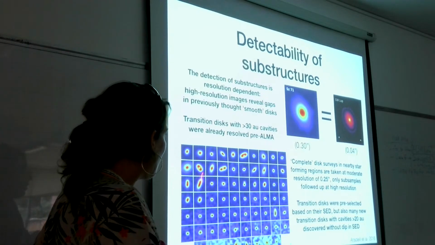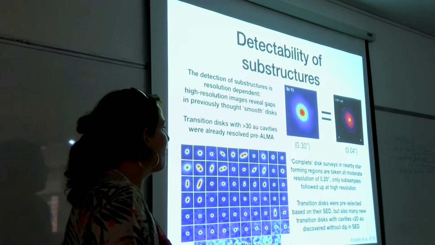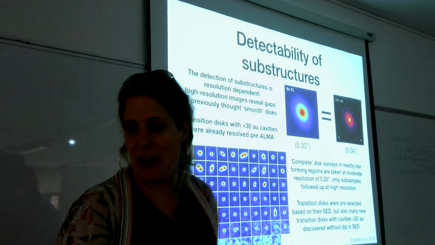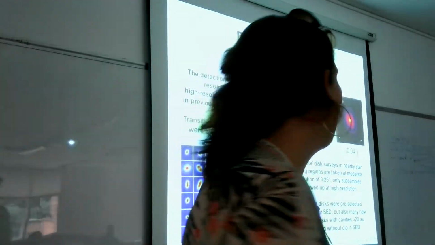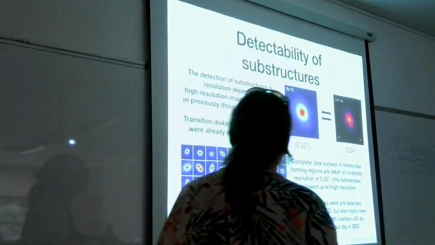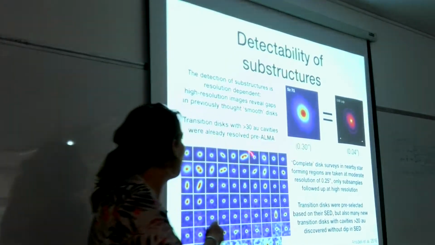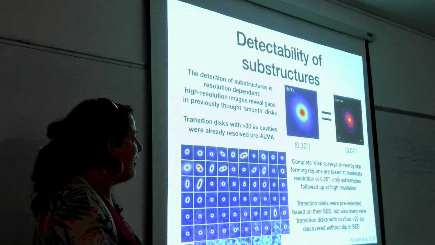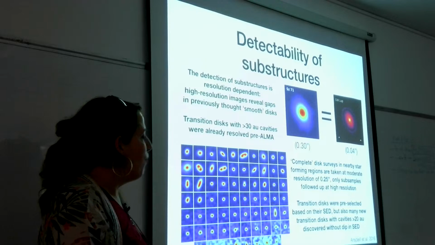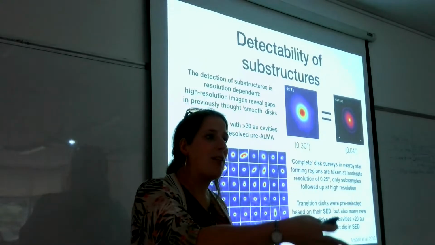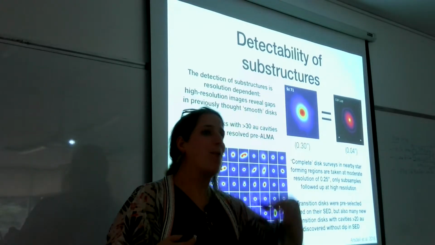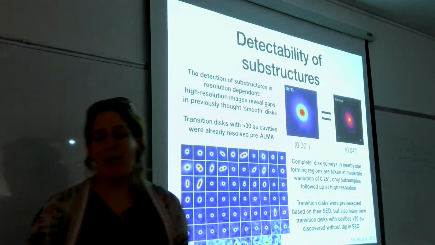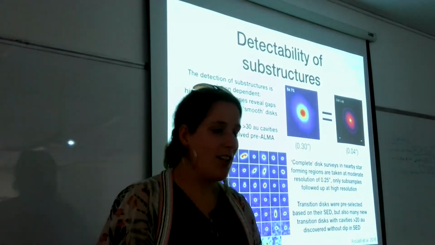And only some samples of these surveys were followed up at high resolution. So we don't really have good statistics there. And the transition disks are even worse, because some of them were discovered in these low resolution surveys, but some of them were targeted specifically because of the dip in the SED or because they were previously imaged by another imaging interferometer. So transition disks are even more messy.